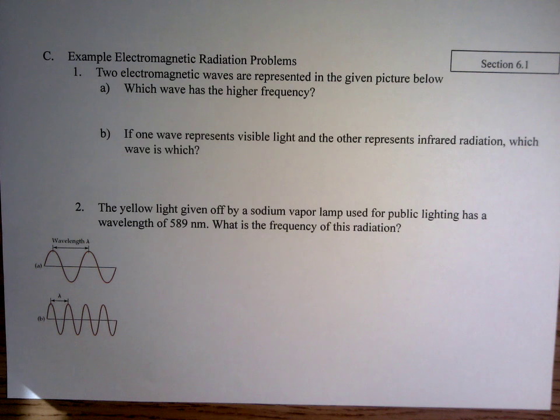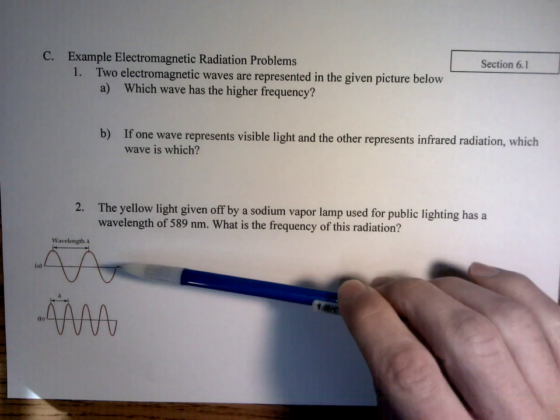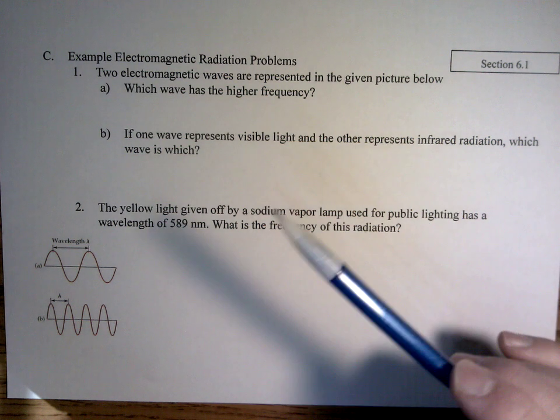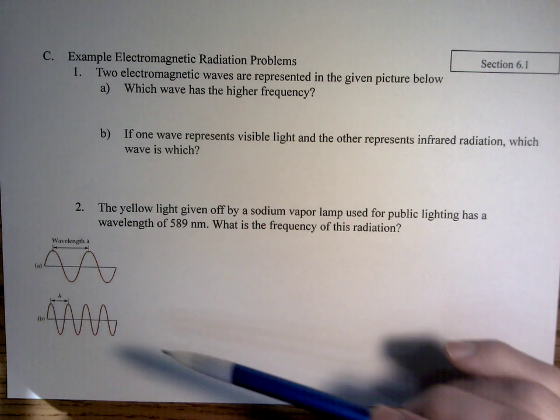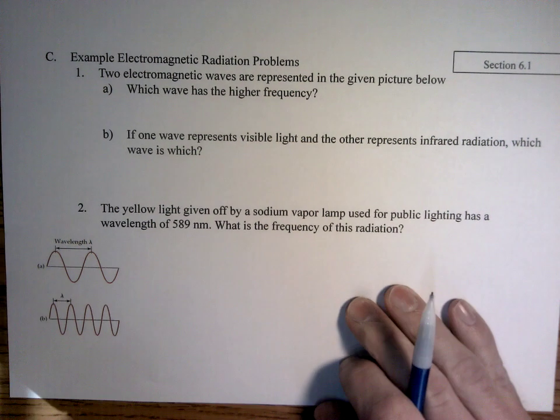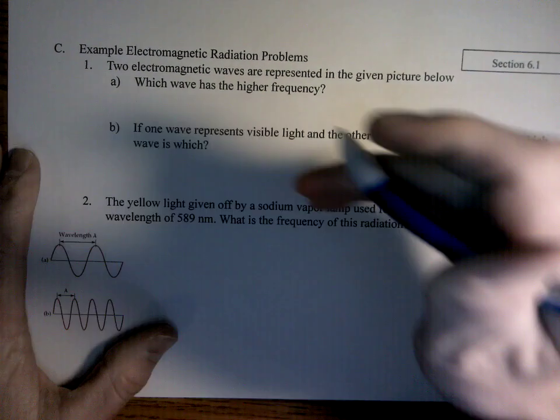Well, you guys can probably identify this, but remember, the frequency of the wave is going to talk about the number of cycles that pass a point in 1 second. So what I'm saying is, which one of these two pictures has the most waves? Well, picture B has the most waves. There's the most cycles, or the most up and down motions going through this portion here.